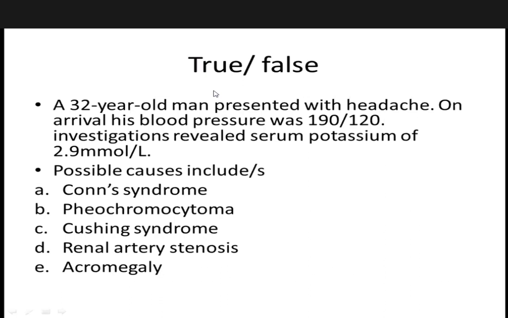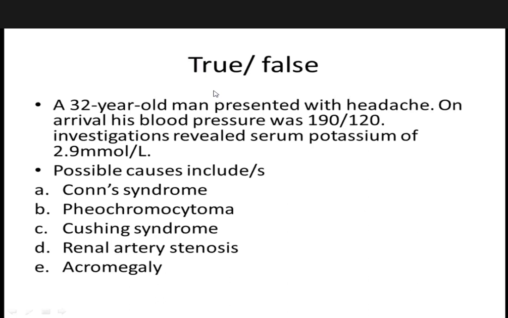Investigations: hemoglobin normal, white cell count normal, urine full report normal, potassium 3.1, fasting blood sugar 125, total cholesterol 220, triglyceride 170, LDL 120. Right? The most likely diagnosis for the cause of her elevated blood pressure?